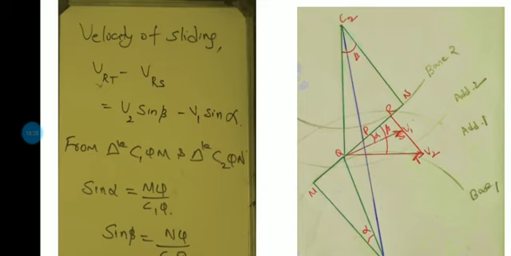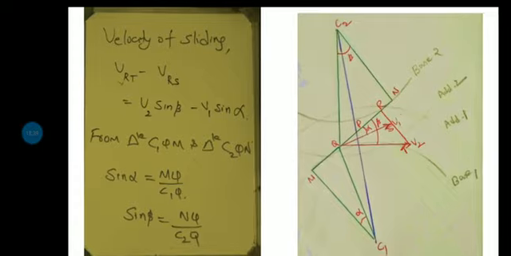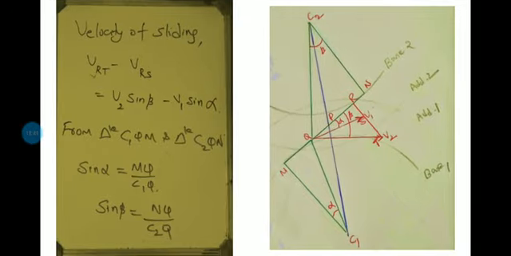Now you have to replace the sine components. For that you have to check the triangles C1QM and C2QN. First take this triangle. You already took C1QM for cos alpha. Now use the same triangle to find sin alpha. What will be sin alpha? Opposite side by hypotenuse. The opposite side is QM or MQ.